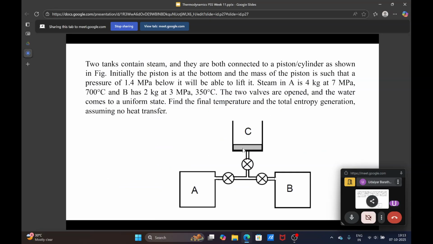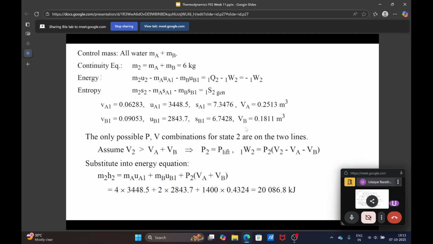So the piston rises, reaching the final state, only when V2 is greater than Va plus Vb. That's the case when P2 can lift it, and in that case you have a constant pressure process. So your work done is P2 into change in volume, which is V2 minus Va minus Vb. So substituting this in the energy equation above, we get M2 U2 minus MA UA minus MB UB equals minus P2 times V2 minus Va minus Vb.